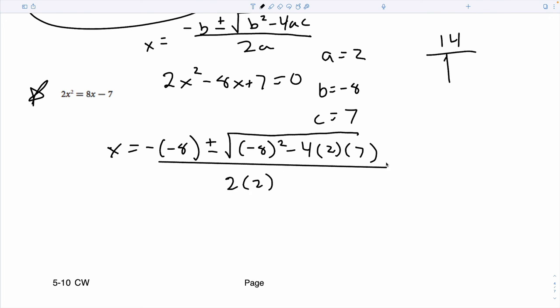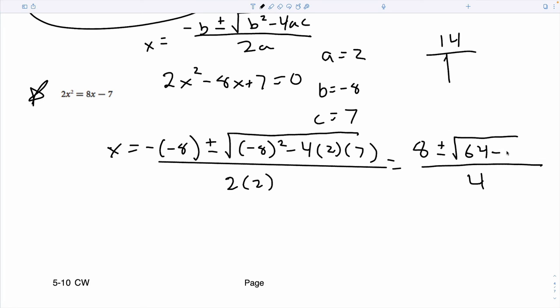Okay. I'm going to simplify this. Negative 8 is positive 8. Plus or minus negative 8 squared is 64. 4 times 2 is 8, times 7 is 56. What's my blunder, Sasha? Because that negative sign is there, it's really a negative 4 times the 2, which is negative 8. Negative 8 times 7 is negative 56.